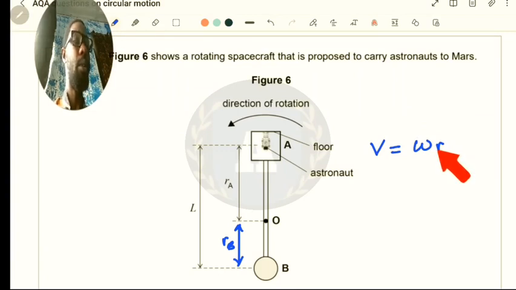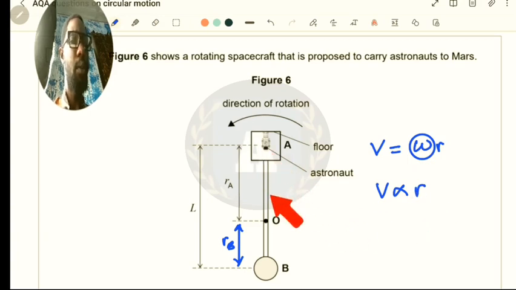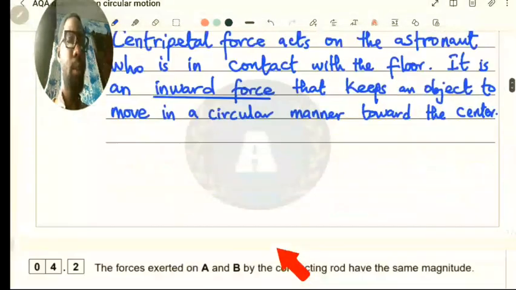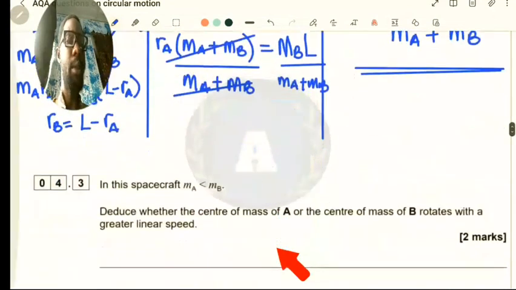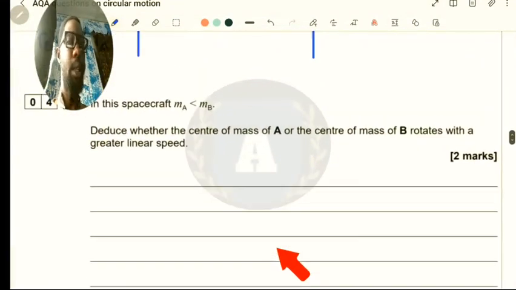So at constant angular speed, V varies directly with the radius. Now the radius of A, which is RA, is longer than that of B. So how do we place the answer for that?